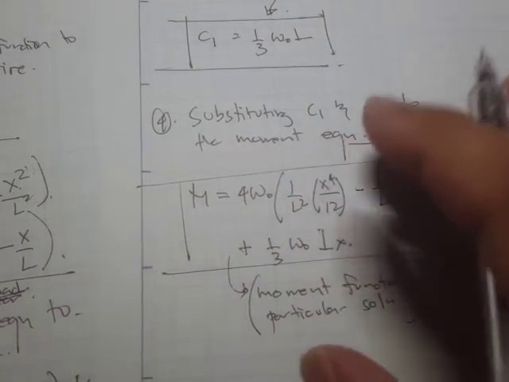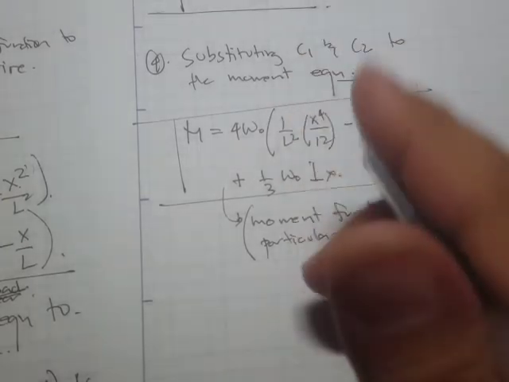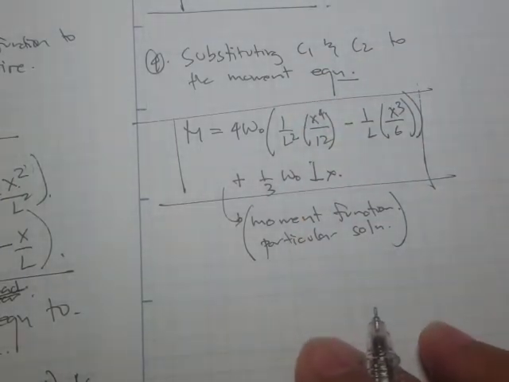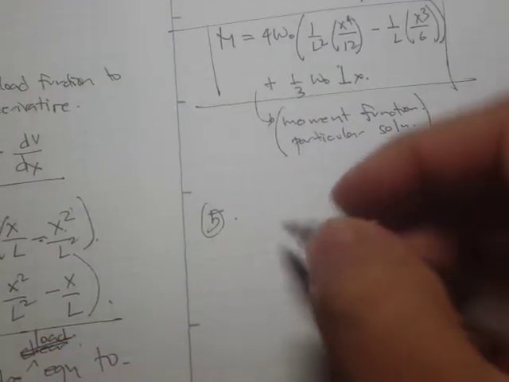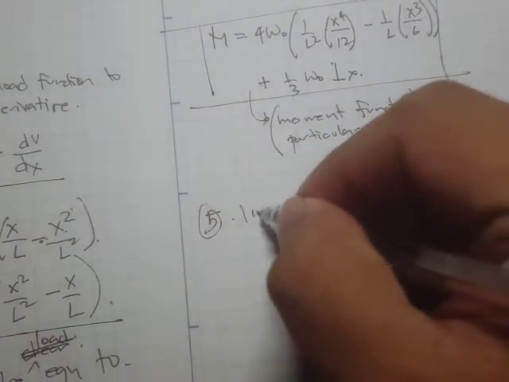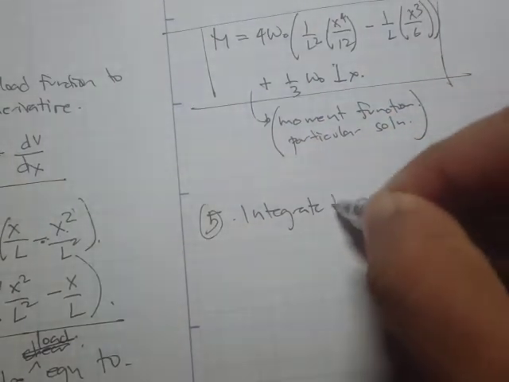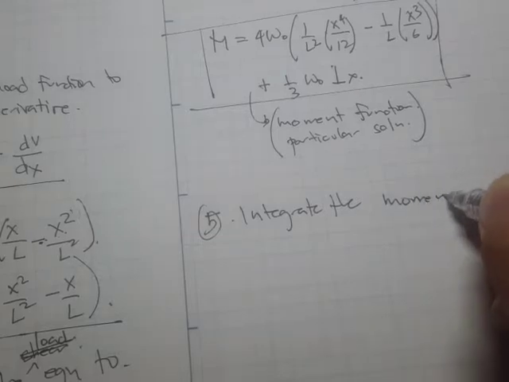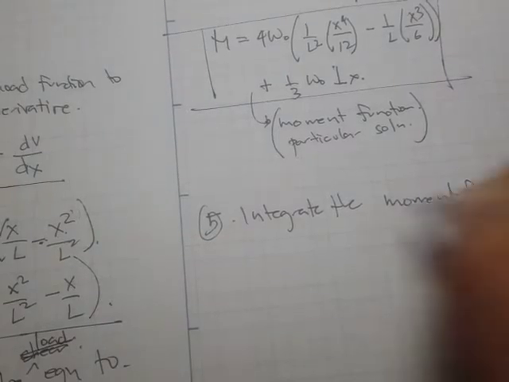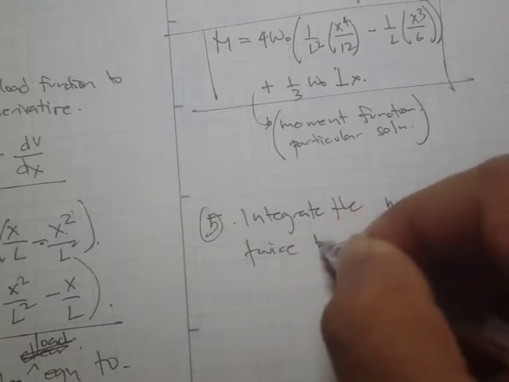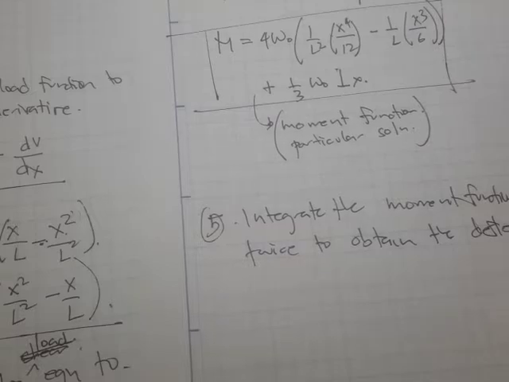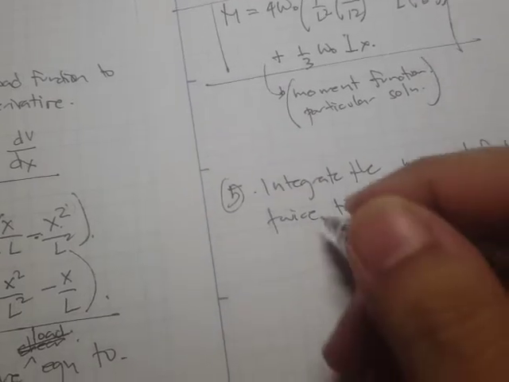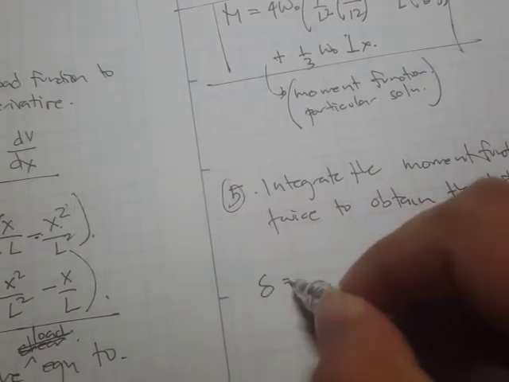So now once you have this, then you have to integrate this twice in order to obtain the deflection equations. Let's just simplify it here or fast forward, but I'll just write it here. Integrate the moment function twice to obtain the deflection. And what we get is something like this.